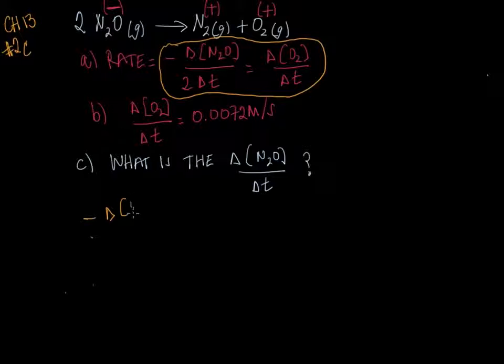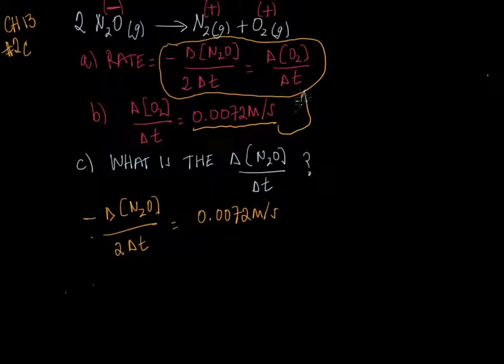The change in N2O concentration over 2 times the change in time is equal to 0.0072 molar per second. If you're not sure where I got part B, watch my other video. We're just taking this value and plugging it right into the right-hand side of this equation.